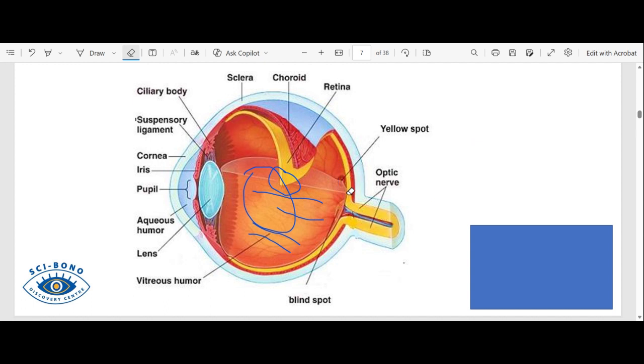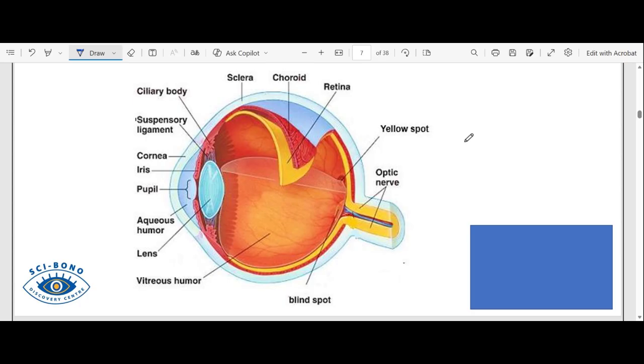Okay, I'm done with the internal structure of the eye. Okay, let's move.